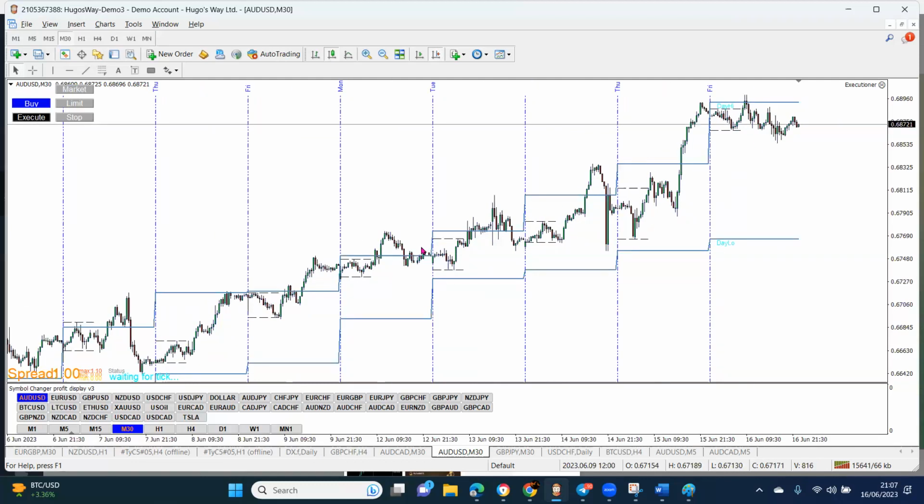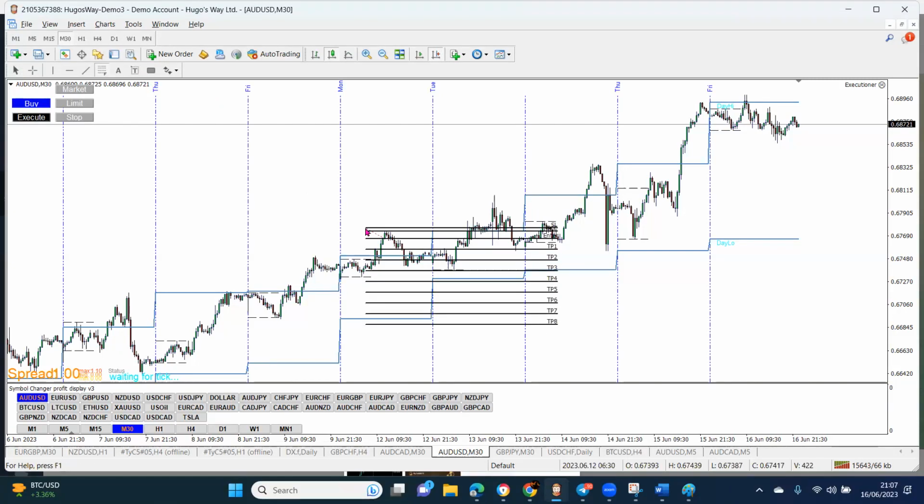So you came on Monday, it took out Friday's high. Based on that model, you'd have initiated a sell somewhere around here, and maybe TP3. And then here again, you had another high of the week, but price didn't close below the highest bullish candle, so you are not in that trade. You had another high of the week.